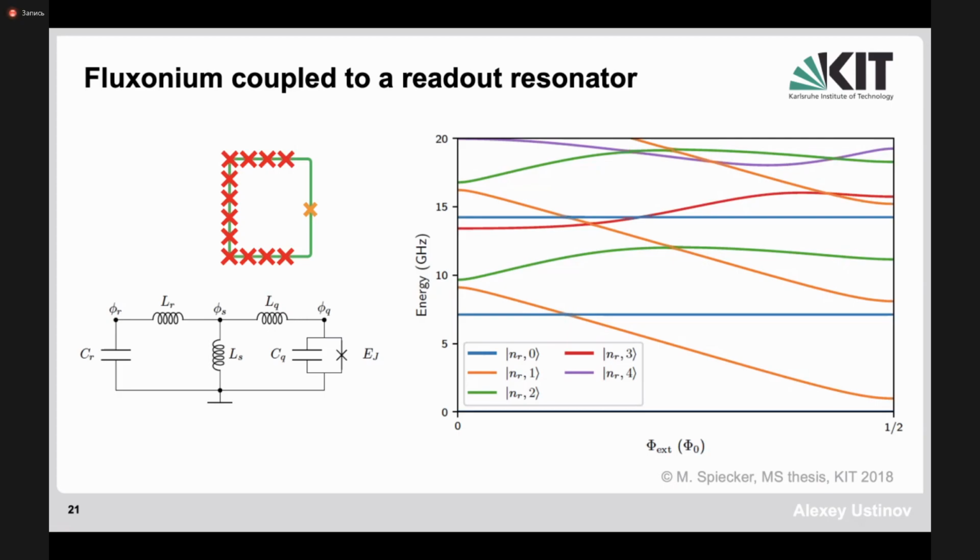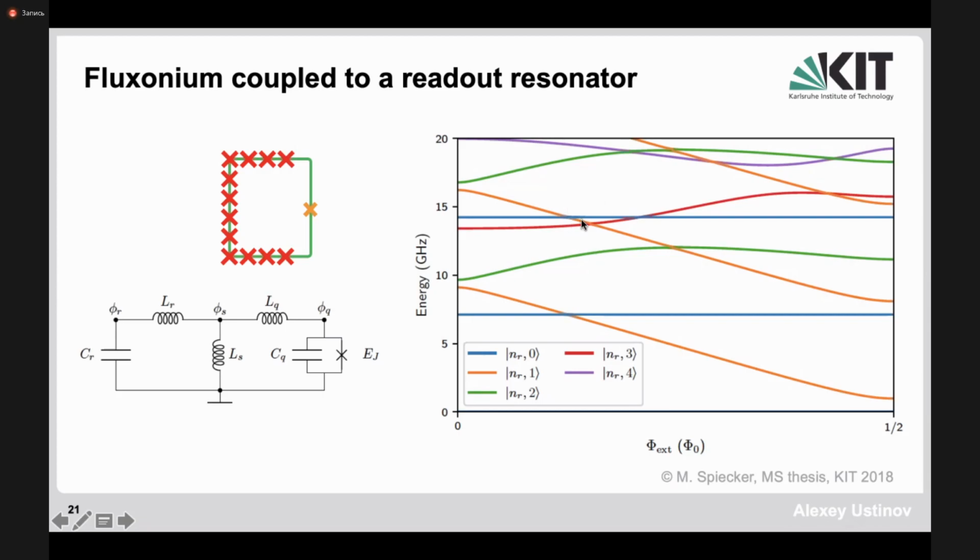And then if you go to state 2 of the qubit, this is the green line here, you observe that you have again multiple states in the resonator. This is the lowest energy state of the resonator with 2 excitations in the qubit, and actually the second state excited in the qubit. And this is exciting the second excited state of the resonator together with the qubit.